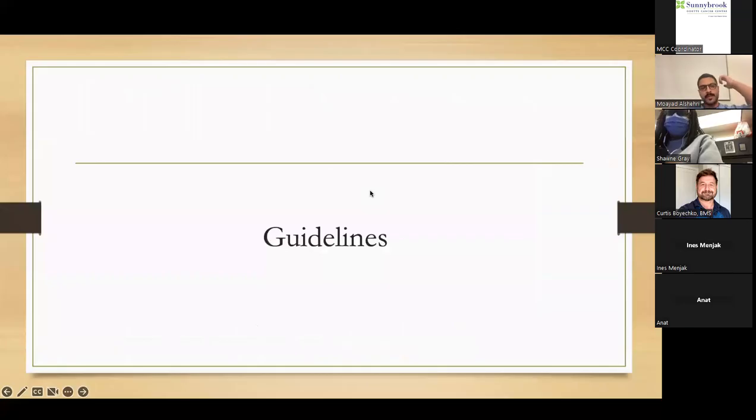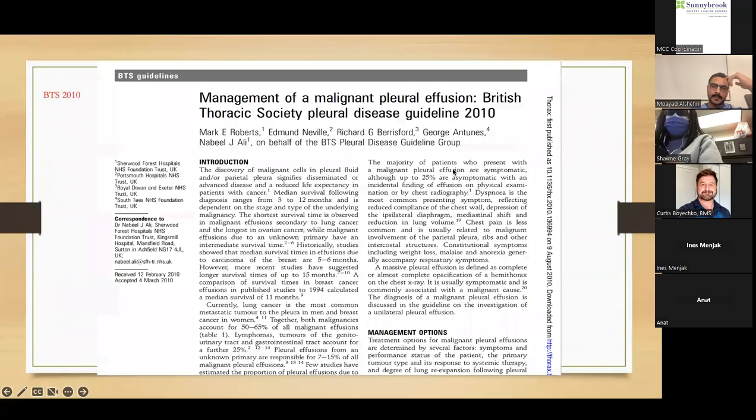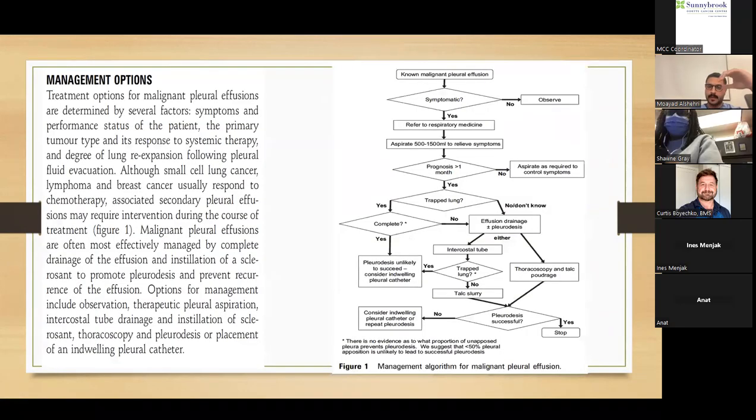Now, guidelines for malignant pleural effusion. Until 2018, for many years, the BTS 2010 was the most relevant. The BTS had more or less the same kind of approach to the one we discussed.